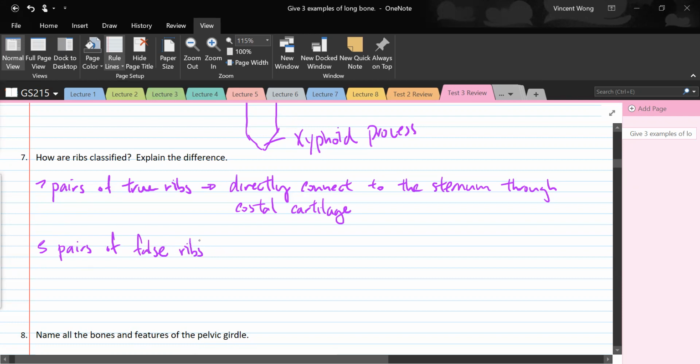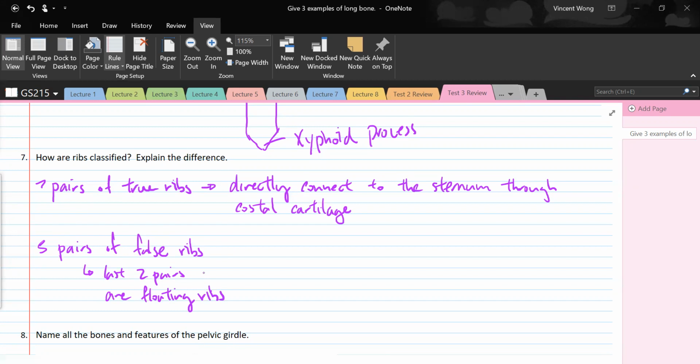Of the 5 pairs of false ribs, the last 2 pairs are floating ribs. So the number 8 to number 10, those are the ones that will indirectly connect to the sternum by attaching to the costal cartilage of number 7 before going to the sternum.